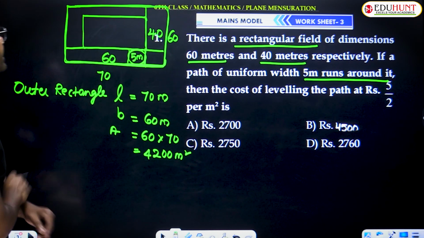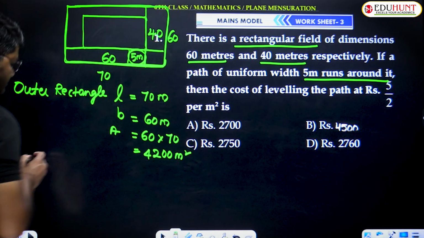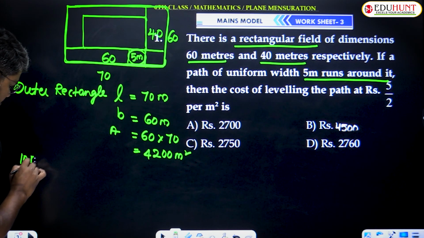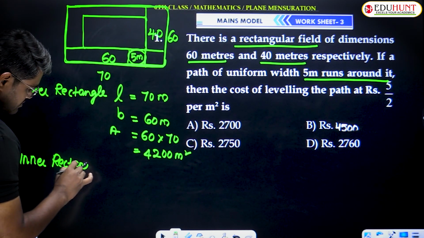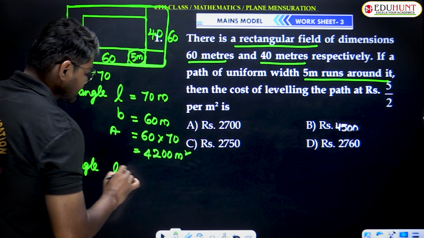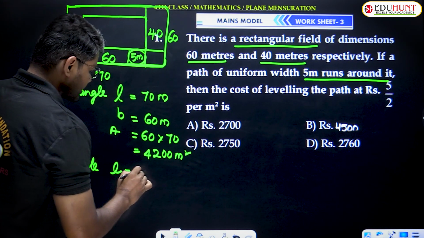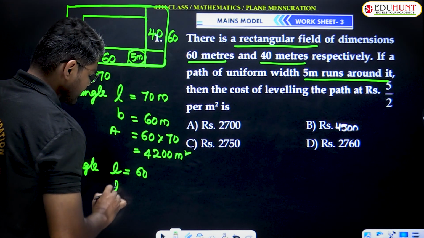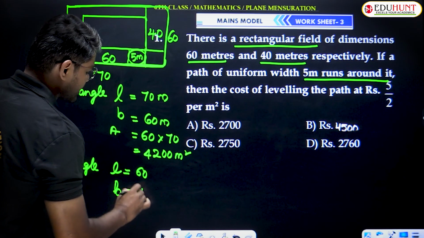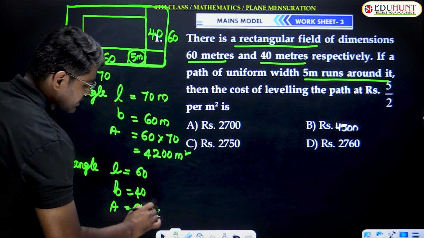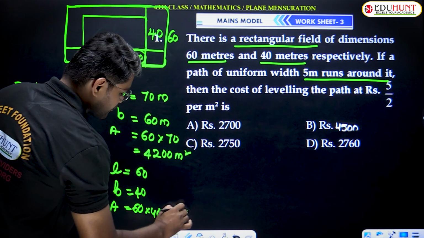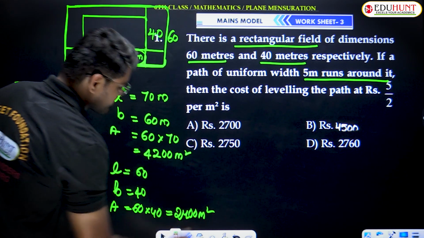Now, find the area of the inner rectangle. Length is equal to, it's given 60, breadth is equal to, it's given 40. Now, area will be 60 into 40, that is 2400 meters square.